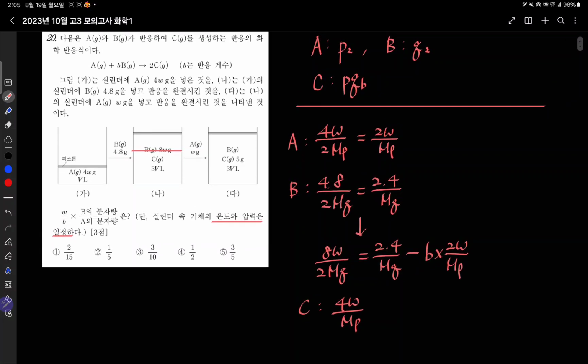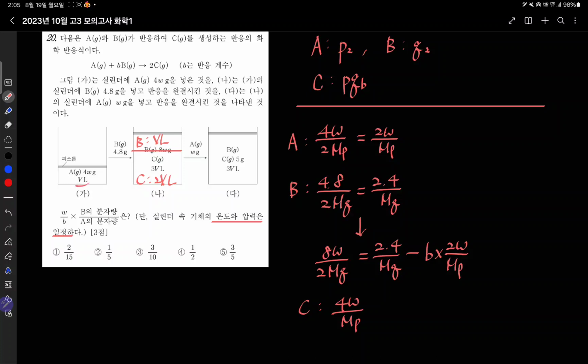So that means in the second cylinder, out of 3 times V liter, 2 times V liter is occupied by gas C molecule, and gas B will have the rest, V liter.